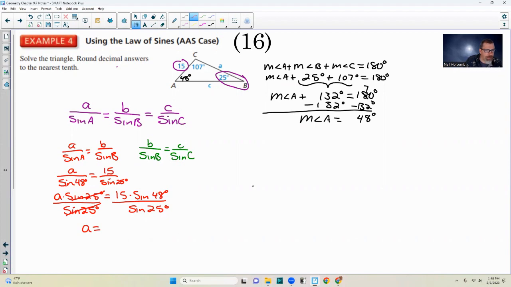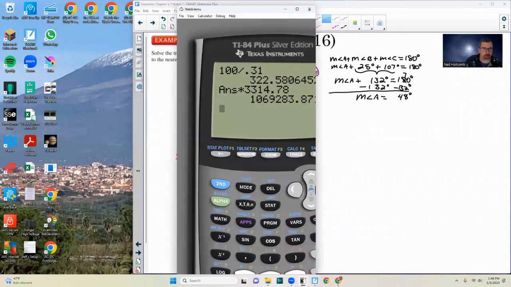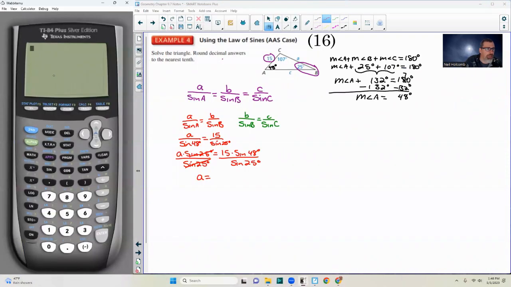Now I'm going to put this in my calculator. Clear. Mode. Make sure we're in degrees. And clear. And now I'm going to say 15 sine 48, close parentheses and hit enter. There's my numerator, divided by, open the parentheses, sine 25 degrees, close the parentheses twice, and hit enter.